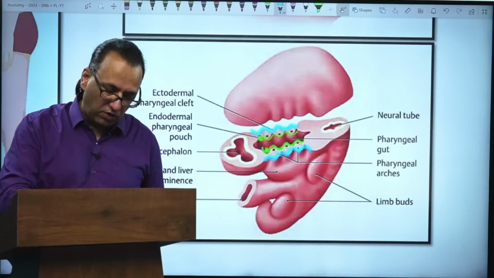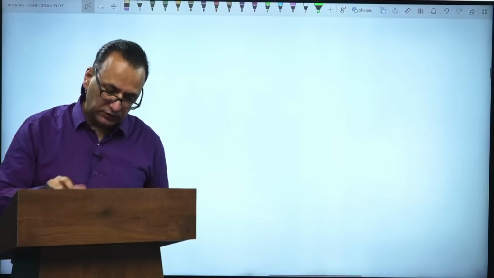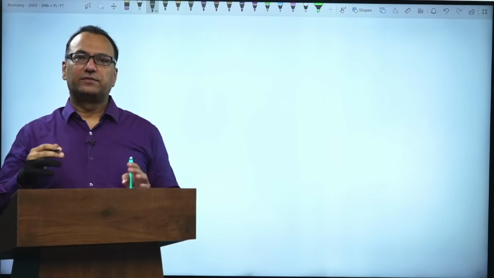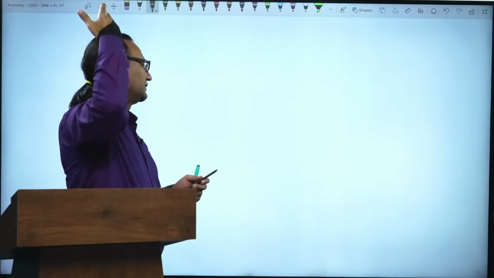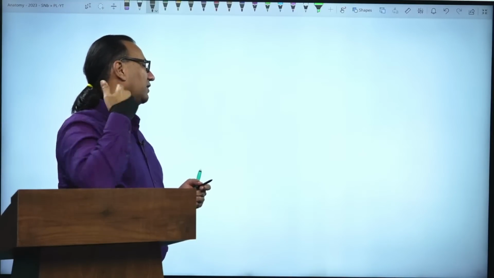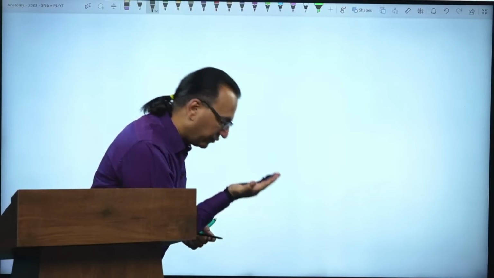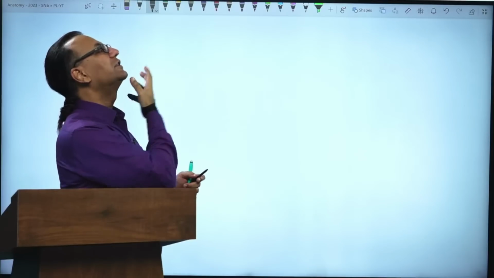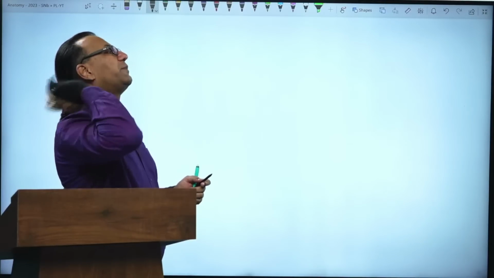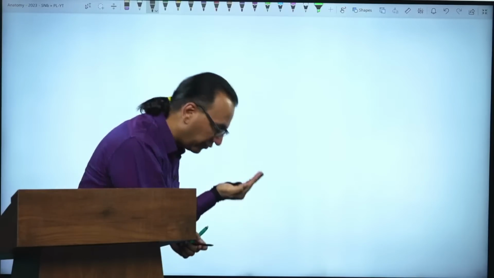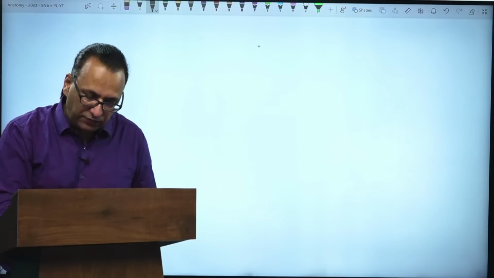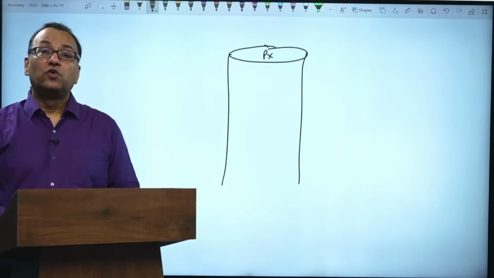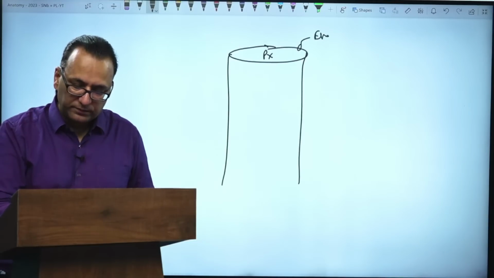As we draw this diagram ourselves, we are looking at the floor of the pharynx. It is like you have taken a section in the developing head and neck, removed the anterior part and the posterior part, and you are looking at the floor of the pharynx. Pharynx is a gut tube, so it is lined by endoderm.